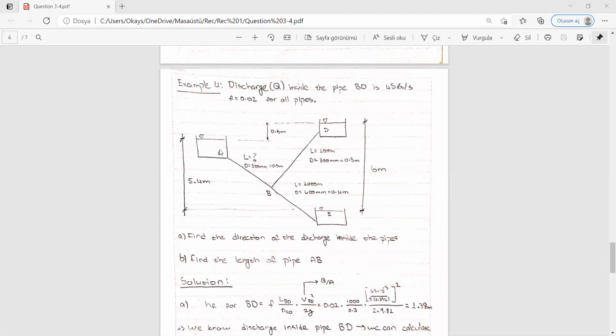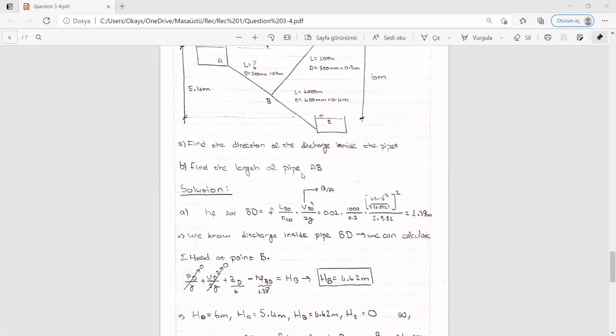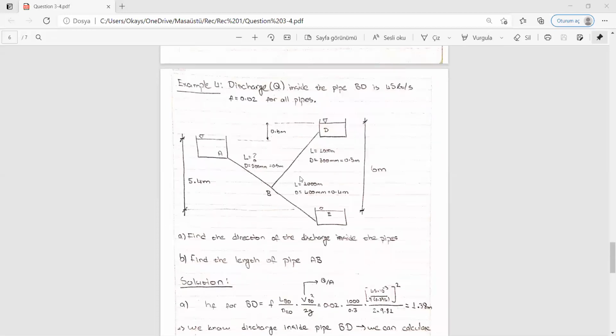Reservoirs A and D are at a higher elevation, but since flow is going through this pipe, it will have velocity head and pressure head as well. So it might have a higher head than point A, for example. But as an initial start, we know flow has to go from one of these reservoirs to this junction point. Otherwise, there won't be a flow, right?